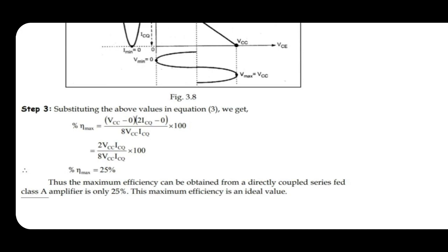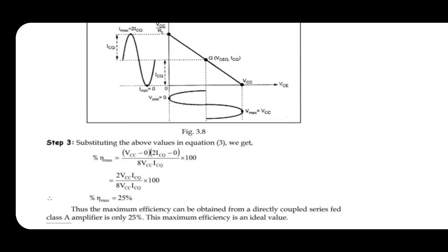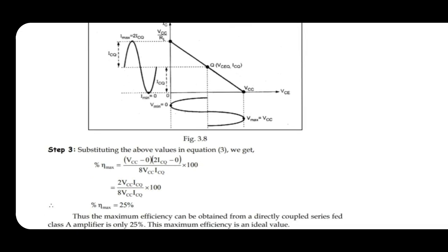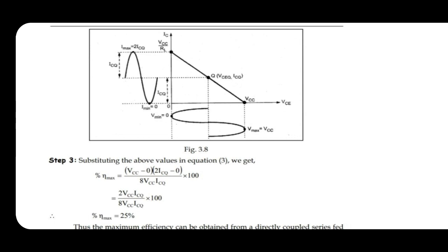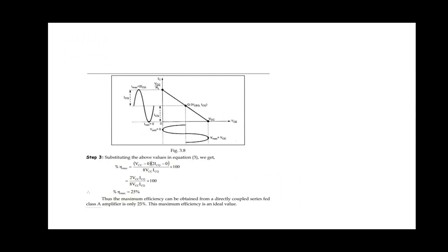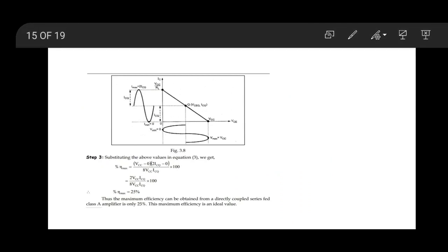So we can say that, in the case of a resistive load, VCC equals Vmax. From this waveform we have to calculate the efficiency. Next class we will discuss the transformer coupled amplifier.